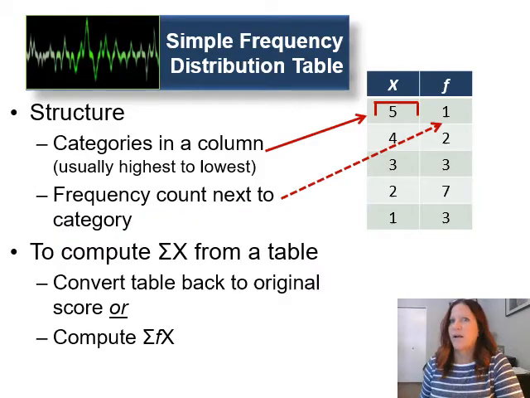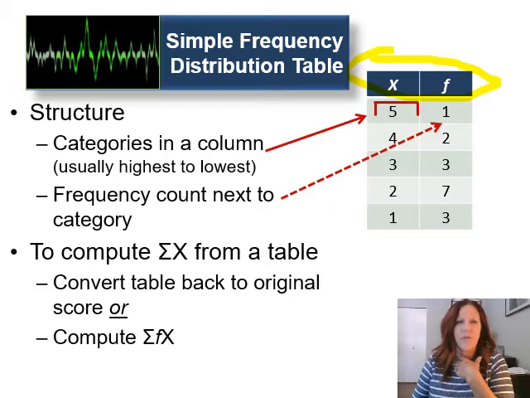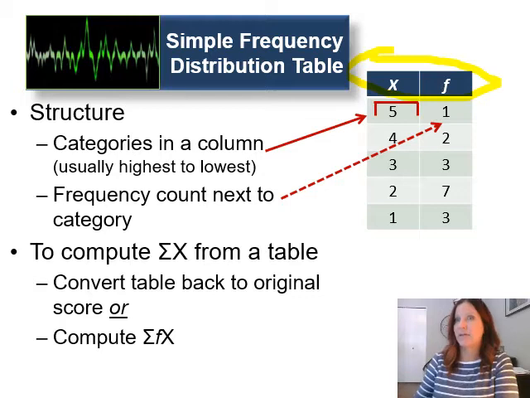So when we look at just a simple frequency distribution, we need to look at the structure of the distribution, and you need to understand what these things mean. When you look at the top of this table here, so I'm going to circle this, you'll see the very top is X and F. So X is basically the categories of possible scores, where the column F is the frequencies of those scores.